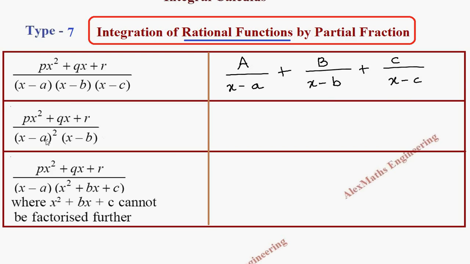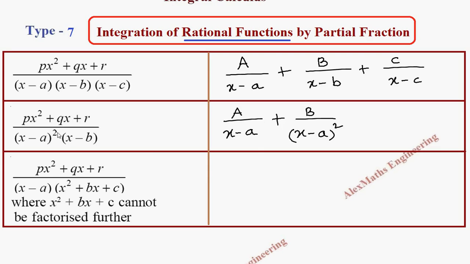Then the second rule: we have x minus a whole square in the denominator. It means a repeated factor, the same factor x minus a is repeated once again. So we have x minus a whole square, and x minus b is a separate factor. Here the rule is we write constant a by x minus a plus constant b by x minus a whole square. This is the rule when we have a repeated factor.